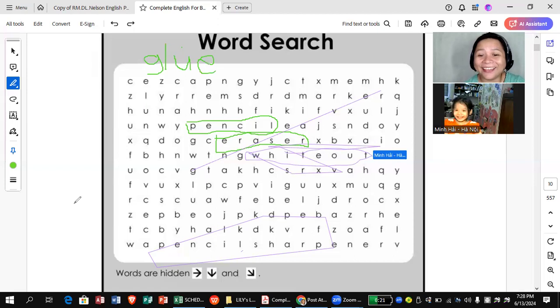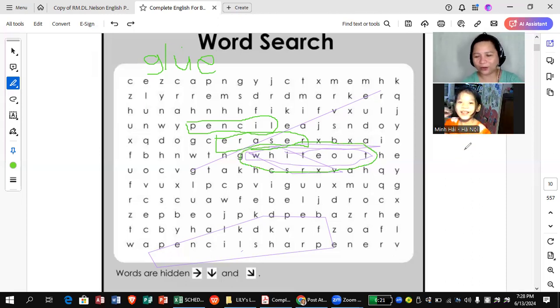Yes, very good. Wow, you are very good. You found the word white out. Wow, you're the winner. How about the word glue? Very good. How about glue? Wow, you found it. Very good.